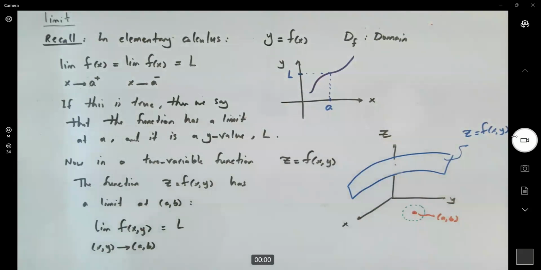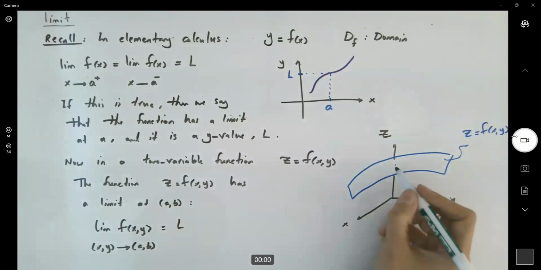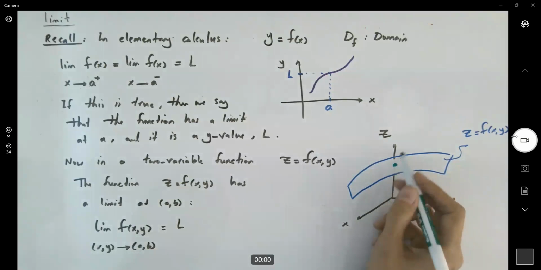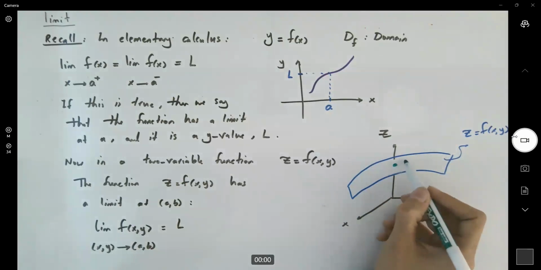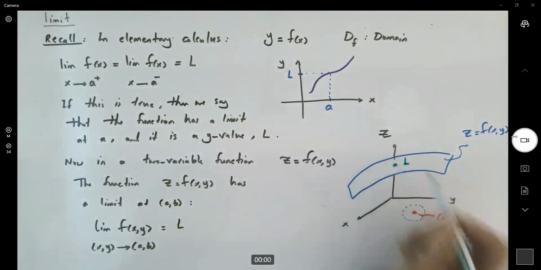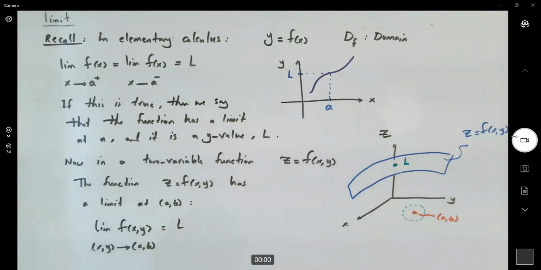So here the L value that you are looking for is going to be a z value. If it's unique, then you're going to have a limit of the function.